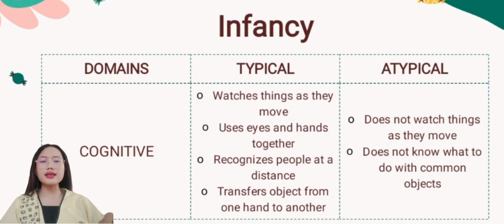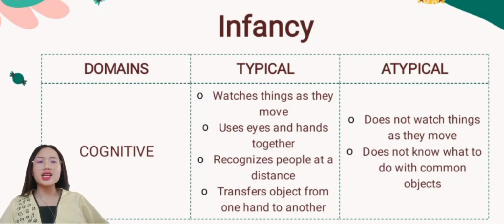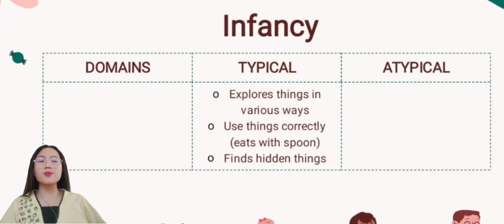So here is the last domain of the infancy stage, the cognitive domain. In typical, their behavior is that they watch things as they move. They use their eyes and hands together. They recognize people at a distance. They transfer objects from one hand to another and explore things in various ways.